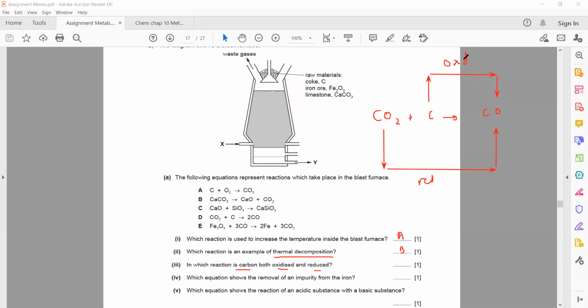So in this reaction, carbon is oxidized and reduced as well. So D is the right answer. Which equation shows the removal of impurity from iron?